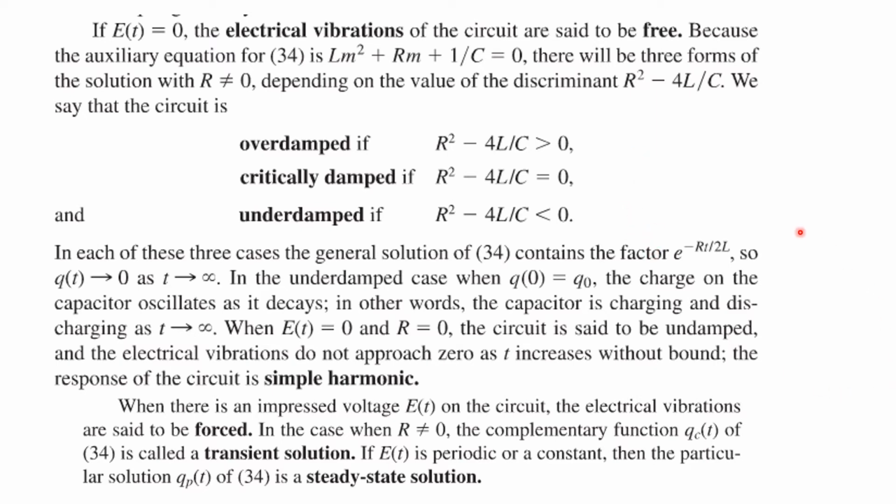In each of these cases, the general solution contains the factor e to the minus Rt over 2L, so it goes to 0 as t goes to infinity. That's a transient solution. Many of the things are the same. When there is an impressed voltage, that's said to be forced, and the particular solution becomes the steady state solution that exists over time.